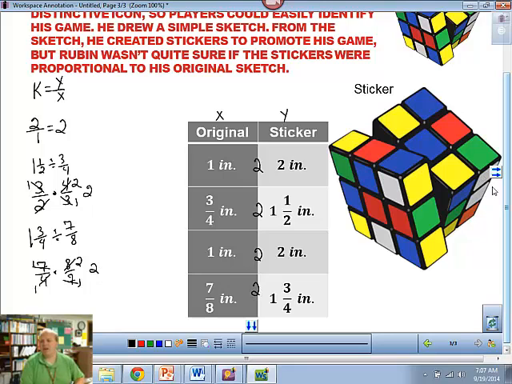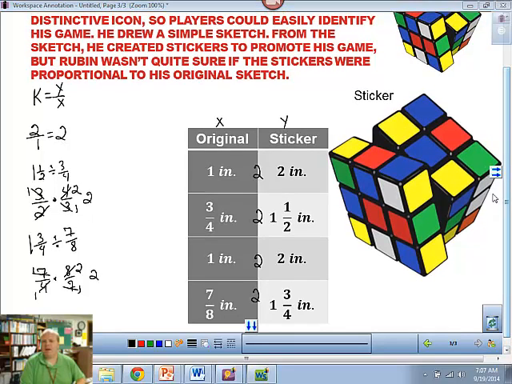So my question here then is, is this proportional? Well, we can look based on all the measurements that we found and find the K that is proportional. Okay? Now, so the corresponding lengths are proportional. Now, how do we know that?